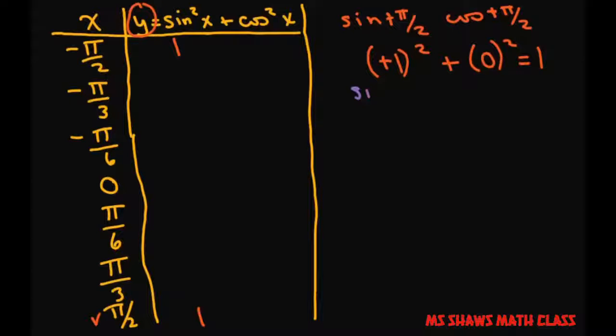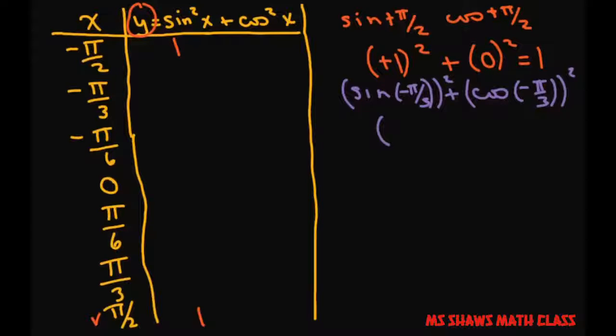Now let's try negative pi over 3. So sine of negative pi over 3, and cosine of negative pi over 3, and then you just square them. Sine of negative pi over 3 is negative square root of 3 over 2, and cosine of negative pi over 3 is 1/2.